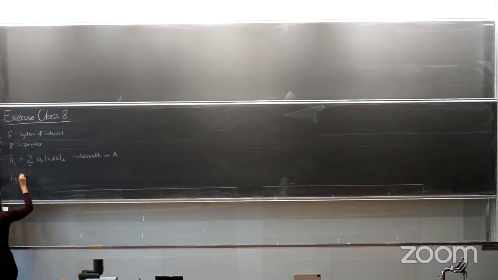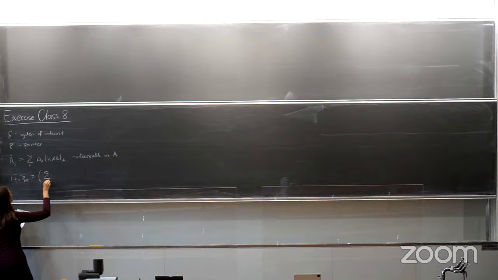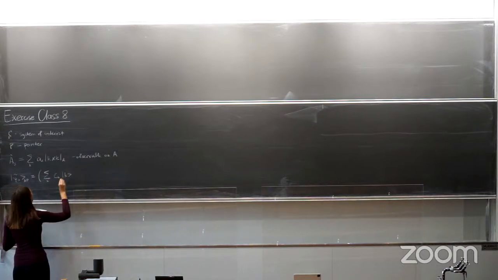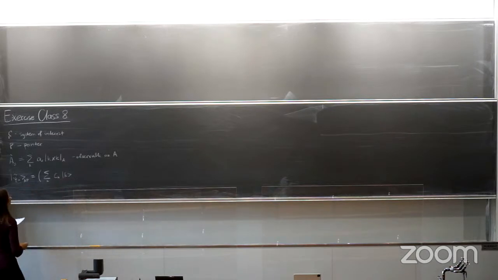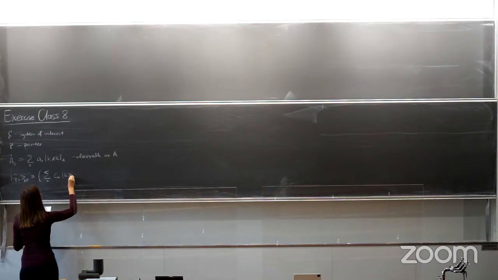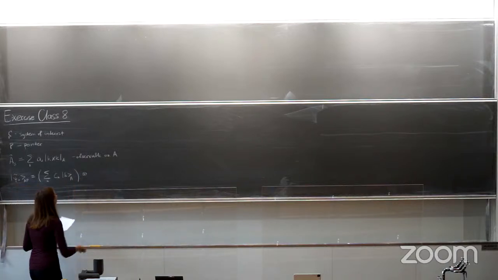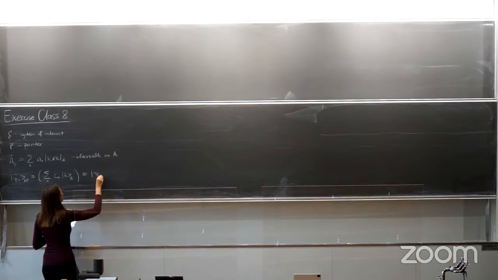So the initial state of the two systems, S and P, is the following. The system S is in a superposition of the states of this basis k, where the basis k is the eigenbasis of the observable that we want to measure. And the system P, the pointer, is in some state psi_0.